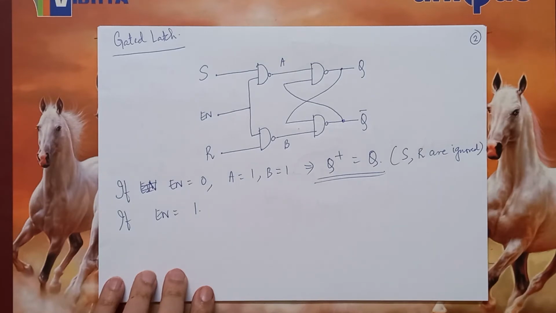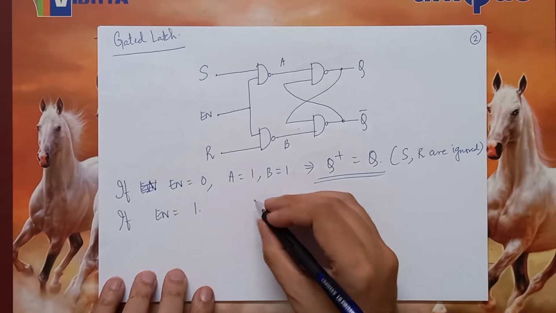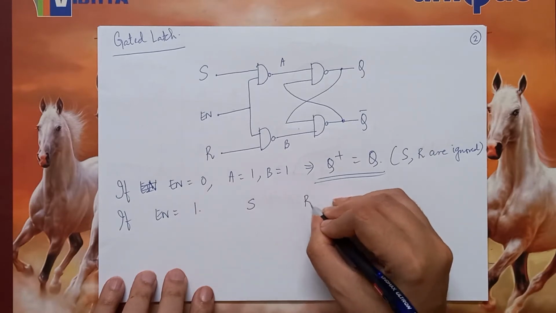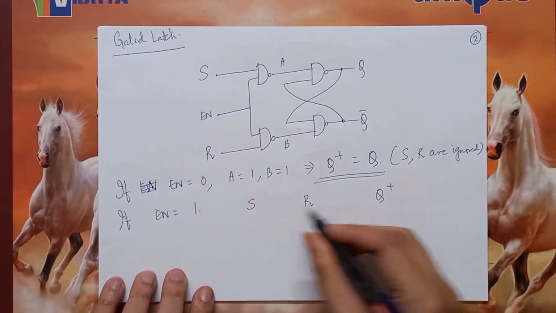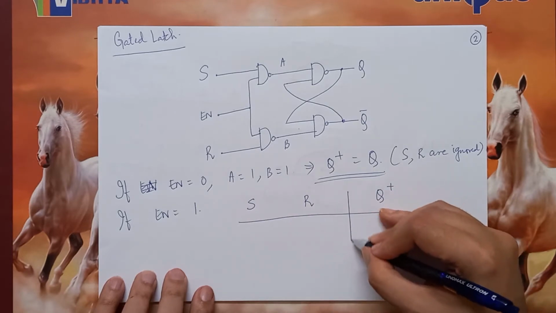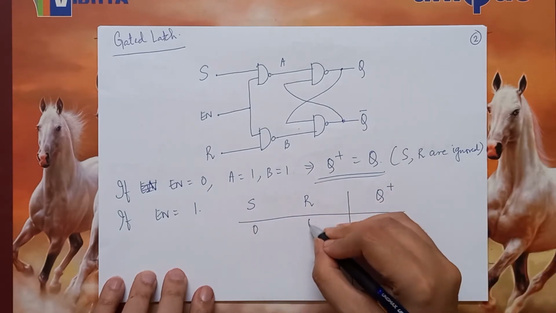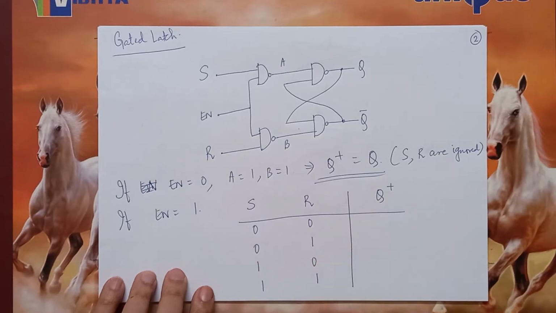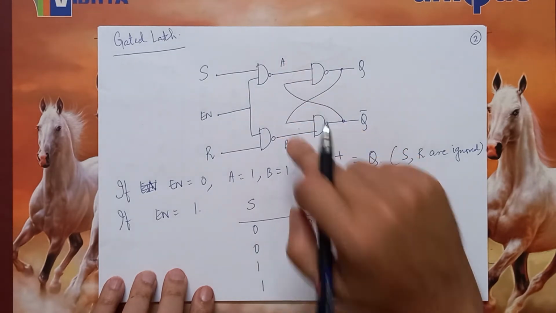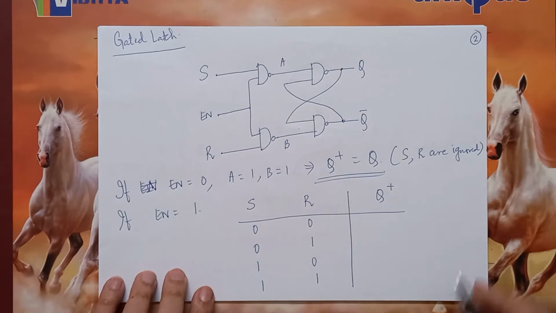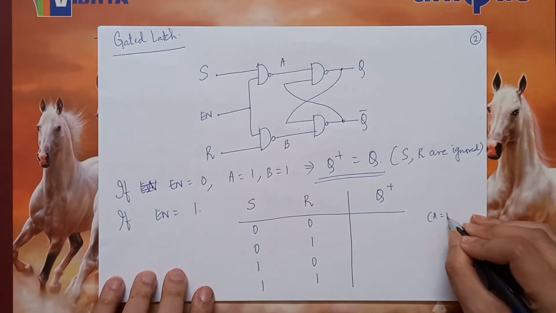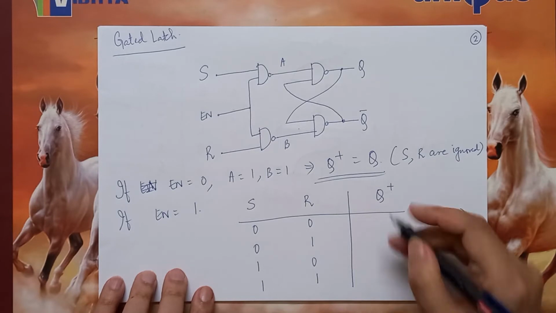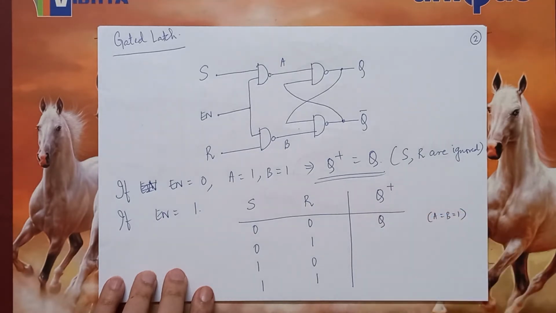Well, when enable becomes equal to 1, let us then draw the truth table where the next state is a function of S and R. So when S and R are 0 and 0, again A and B become 1 and 1. So in this case, A equals B equals 1, and therefore Q plus will be the same as Q.